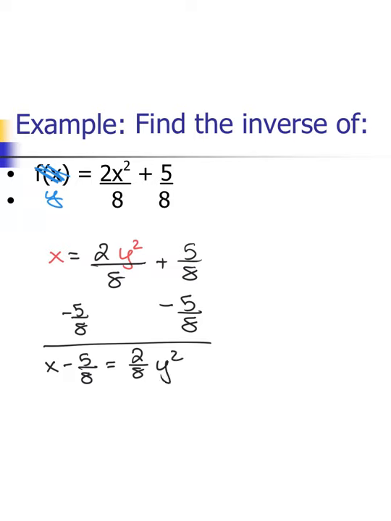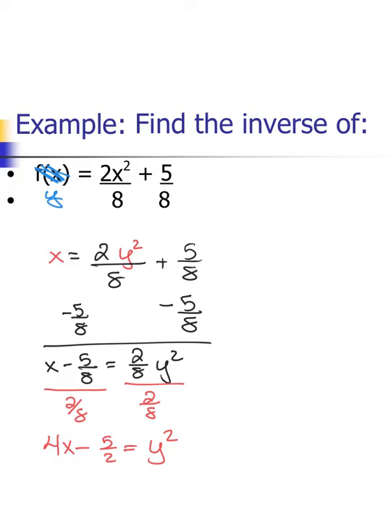Now again, it comes with fractions. So to get the y by itself, I'm going to divide both sides by 2/8, divide this by 2/8, and if I do that, I'm going to end up with 4x minus 5/2 equals y squared.